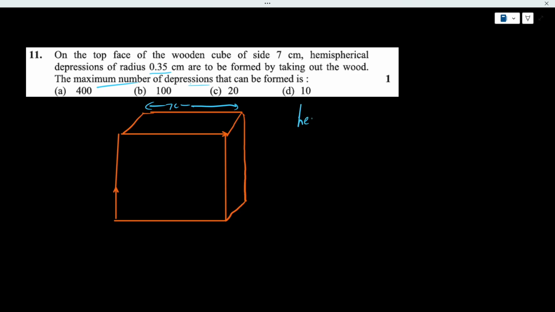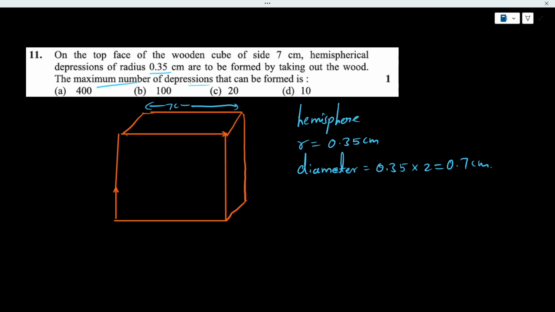If I take the hemisphere, right, the radius is 0.35 centimeter. So its diameter is going to be double the radius, which is 0.35 into 2. Why am I taking here the hemisphere diameter?